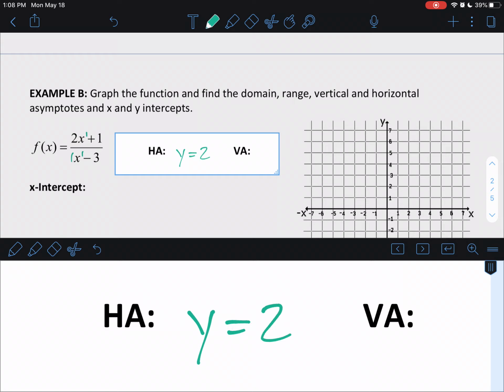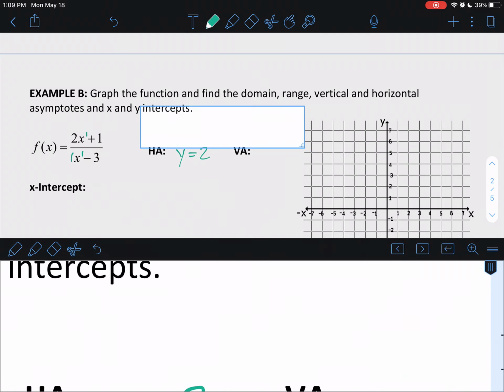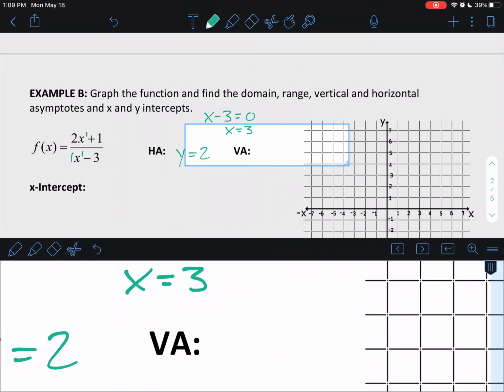My vertical asymptote is going to be the zeros of the denominator, and my denominator is just x minus 3. So if x minus 3 equals 0, x equals 3. I'm just going to move that down there. x equals 3 is my vertical asymptote.